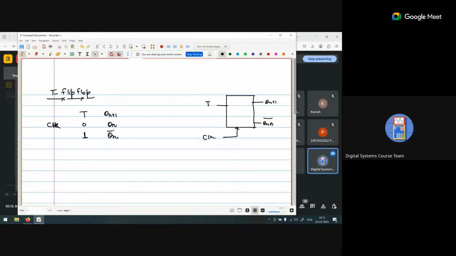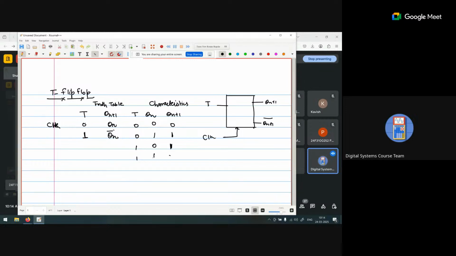So if we draw the characteristics table, the inputs are T and Q n, and the output is Q n plus 1. When T is 0, where Q n is either 0 or 1, we are getting 0 and 1, as it is. And when T is 1, Q n is 0 or 1. So when Q n is 0, Q n plus 1 is 1.